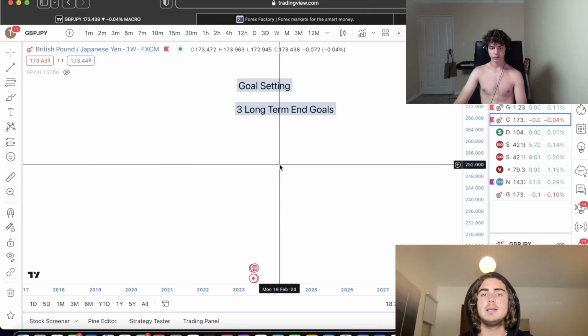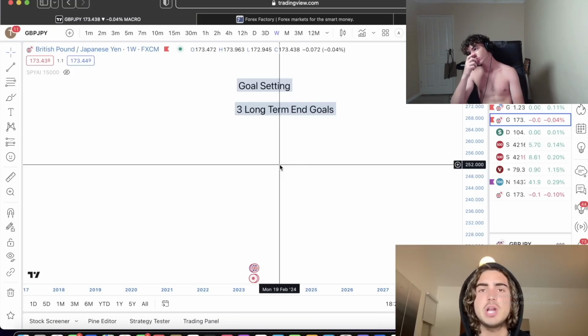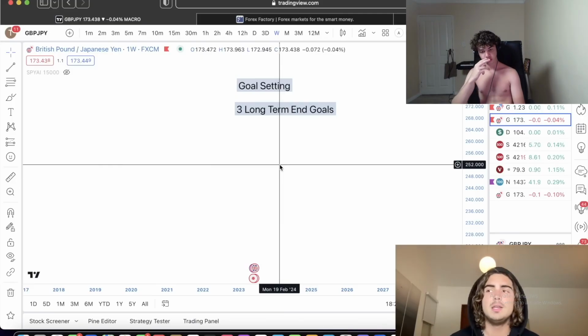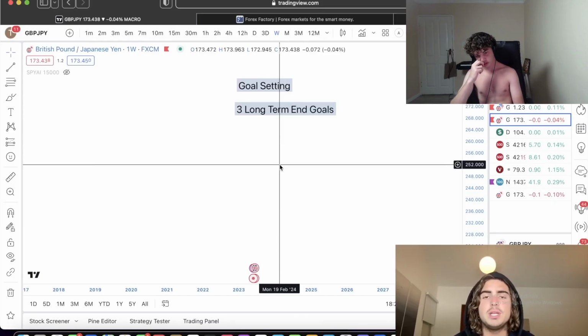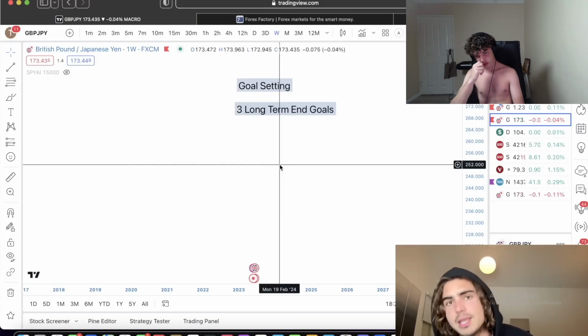So maybe that's saying I manage 6 figures in my trading account. Figure out what your 3 long-term end goals are going to be, and make this super long-term, when you're grown, years down the line. Something that you don't necessarily understand how to get to.